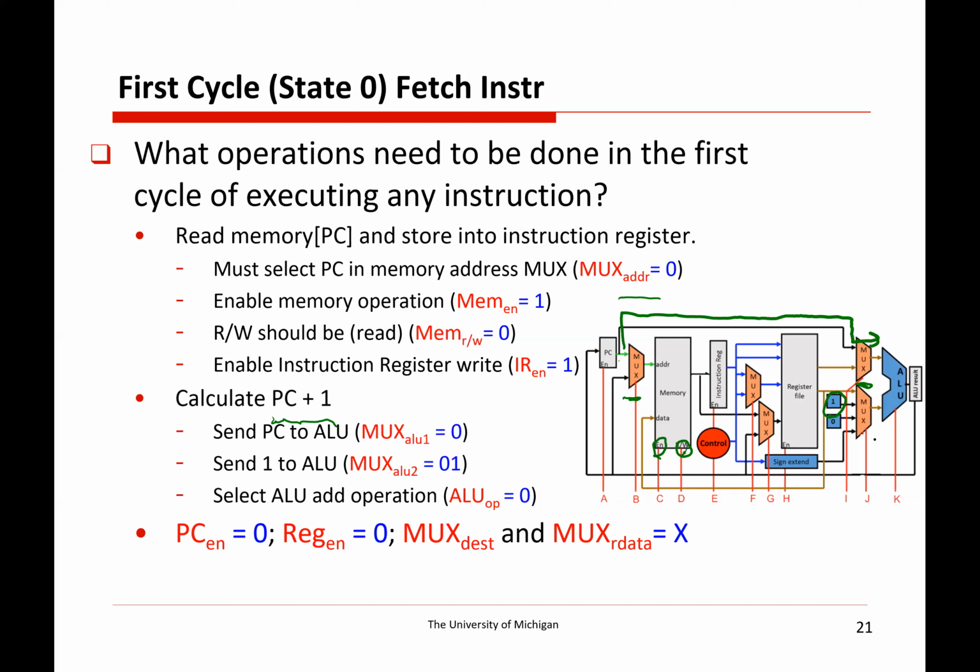So this MUX here is going to have to be set to 1, 0 to read that second input. And we set the ALU to add the numbers. But we're not updating the PC yet, because this ALU result is going to get stored in a temporary register, and then we'll update it the next cycle. So we're not updating the PC. We're not updating the register file yet. We're not writing anything. So all these other muxes we can set to whatever. It doesn't matter.